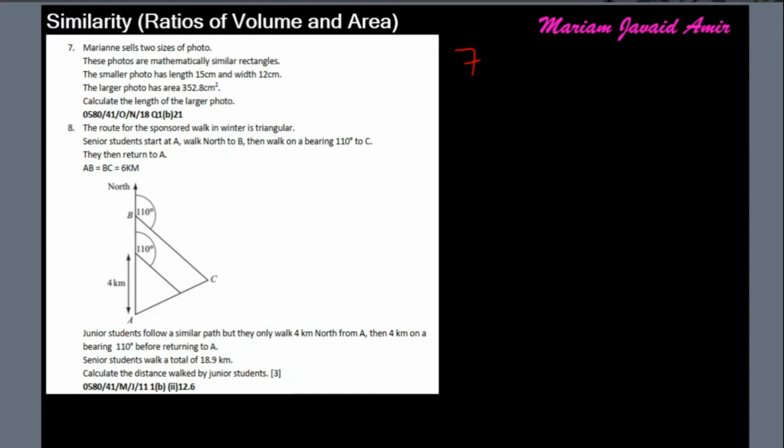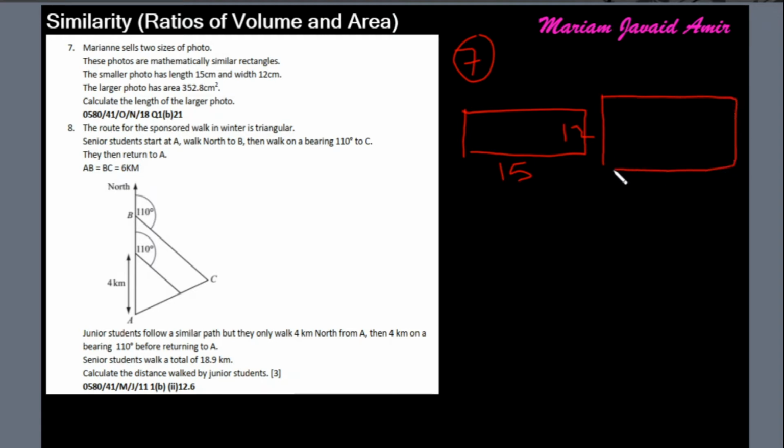Okay, so one of the photos has length 15 and width 12, this is the smaller photo. We also have a larger photo which is mathematically similar, although these two barely look similar, but let's assume they're similar.